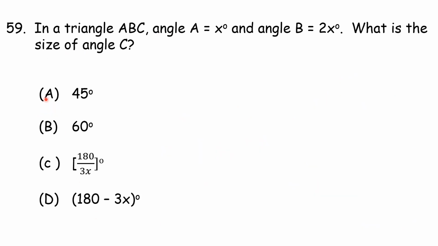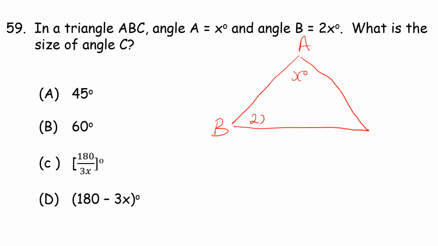All right, 59. In a triangle ABC, angle A is x degrees, angle B is 2x degrees. What is the size of angle C? Let's have a visual for this question. A is x degrees, here is B, that's 2x degrees, then we have C, which we don't know. There's a rule that in a triangle the three angles, A plus B plus C, equal 180 degrees, the total sum.